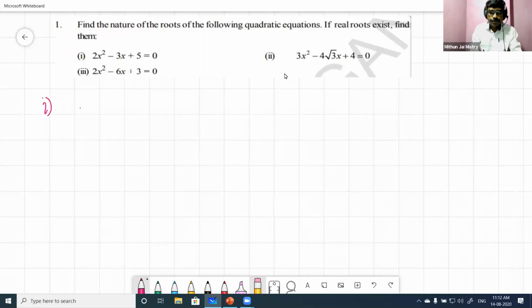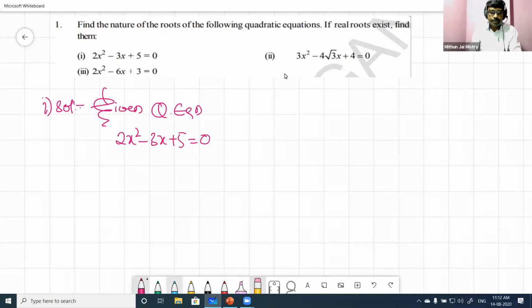The first solution, we will write here. Given quadratic equation is 2x square minus 3x plus 5 is equal to 0. We need to compare this with its general form, that is ax square plus bx plus c is equal to 0, and we will get what is a, what is b and what is c, right?